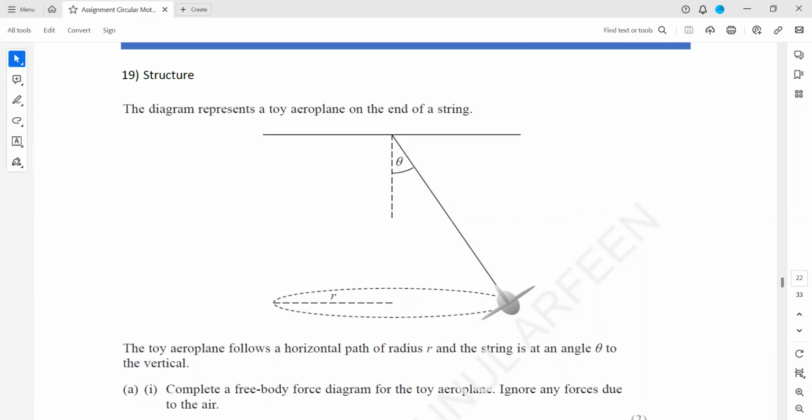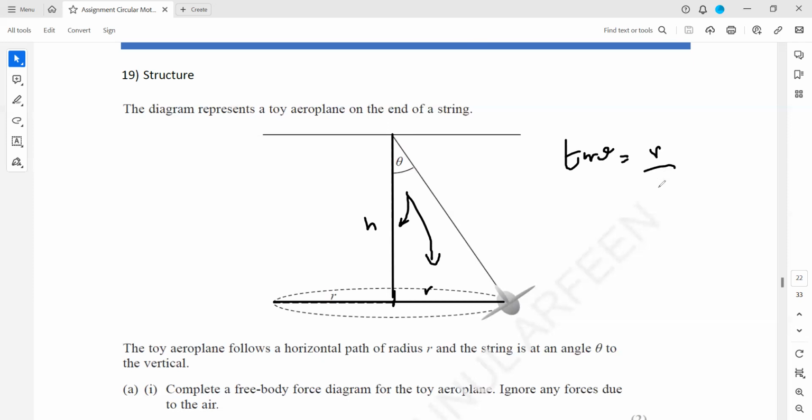Or we can measure the diameter of this part, and find the radius from the diameter divided by two, and then measure this height h. This makes a right angle triangle, so this one is the perpendicular, and here is the base. We can use tangent theta equals perpendicular divided by base, so theta is tan inverse of radius divided by height.